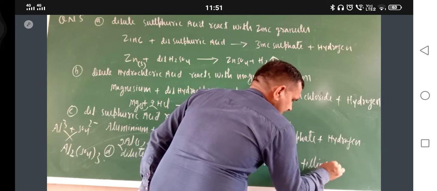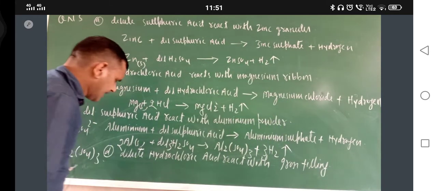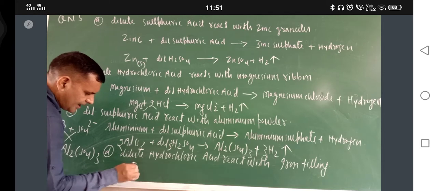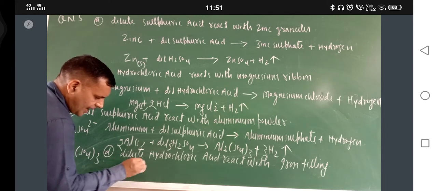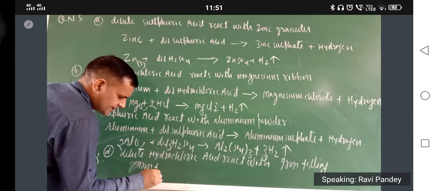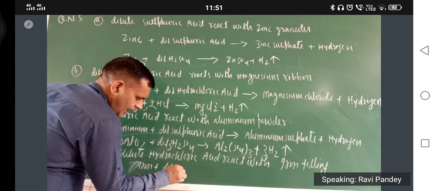Okay, that is the statement. First write the word equation. Iron plus dilute hydrochloric acid.